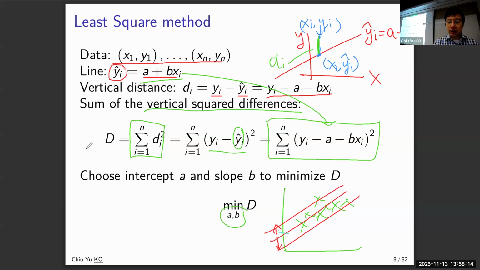Keeping A fixed, you can also increase or decrease B. So basically you are changing the intercept and the slope such that the sum of the vertical distances squared is minimized. This is called the least squares method, invented by Gauss.